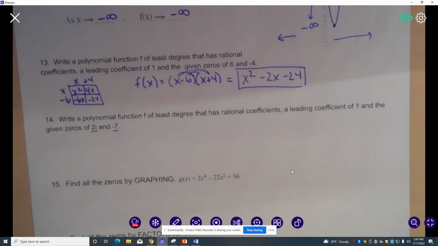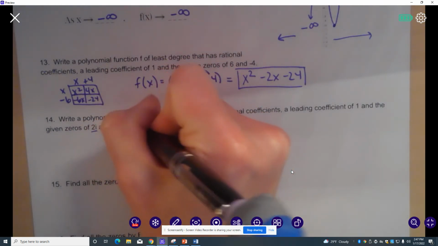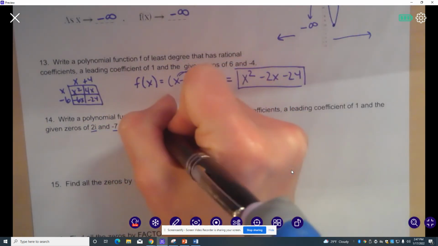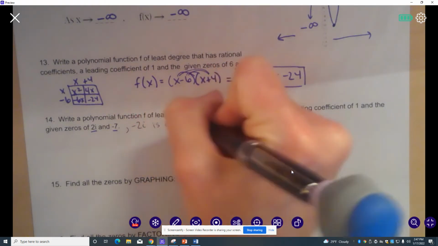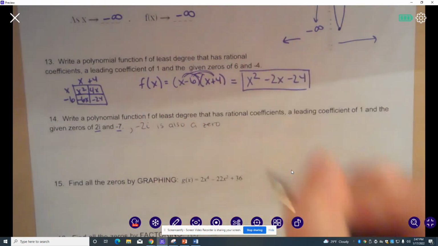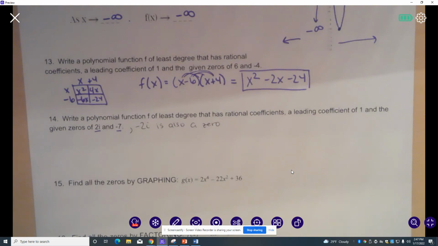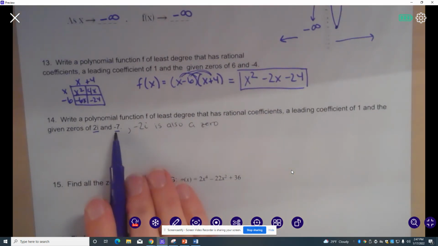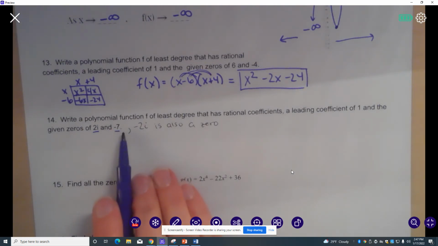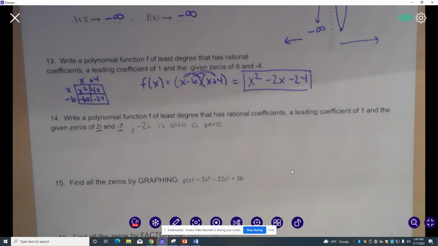So if 2i is a zero, I also know that negative 2i is also a zero. Okay. And so what this means is this function actually has 3 zeros. Remember, that's not true with just rational numbers. So negative 7 does not mean that positive 7 is a zero.